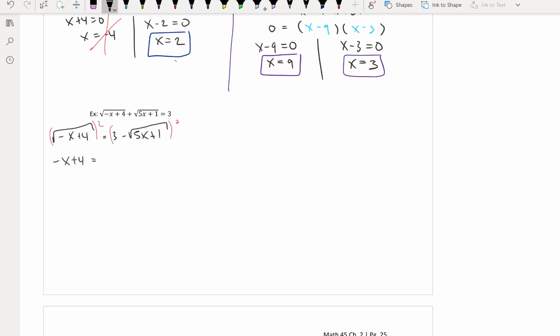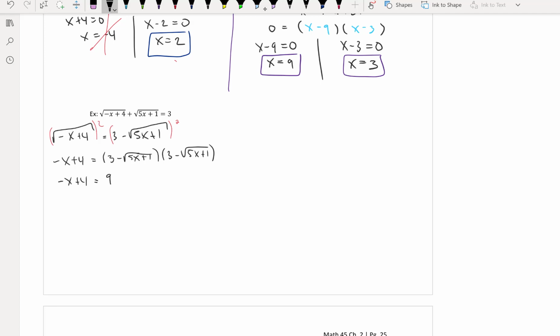But now on this opposite side, I have two sets of parentheses. So 3 minus the square root of 5x plus 1 times 3 minus the square root of 5x plus 1, which tells me that I'm going to have to FOIL this.